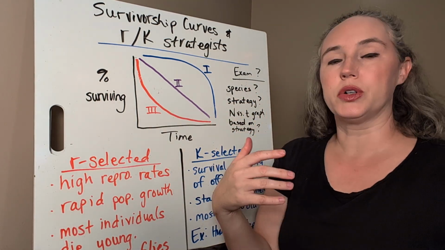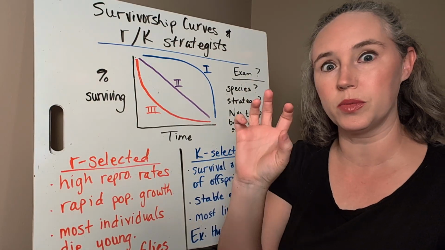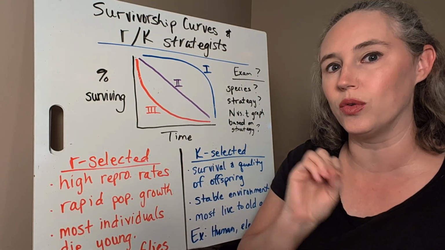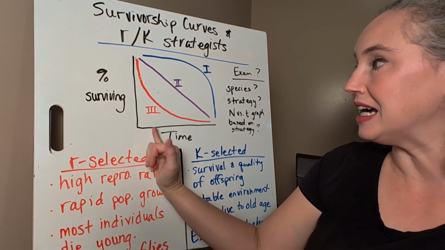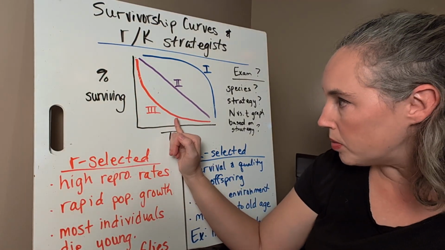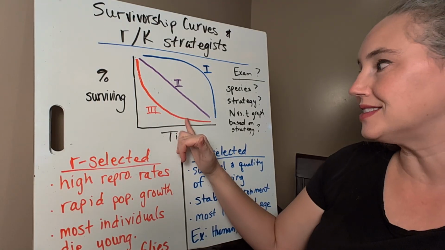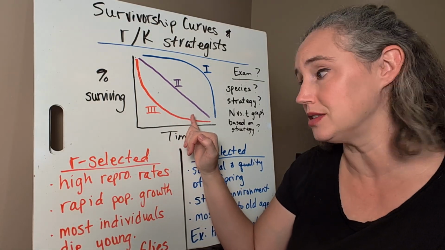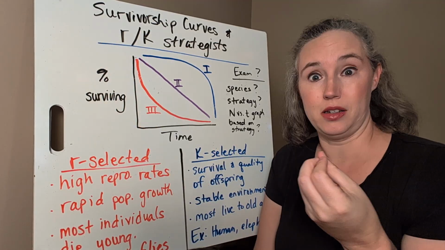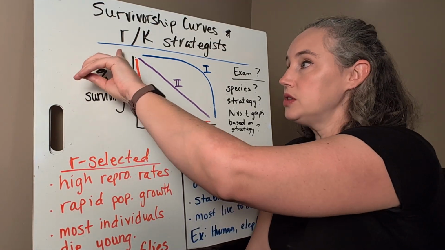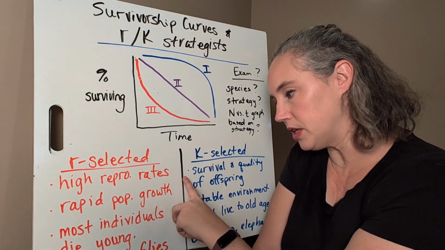This isn't population growth. This is more about how many of that organism that are born survive over time. So as you can see, early in time, there's a steep drop off. Like by halfway through this time, we're down to about 10% of our original population. But how many are born? A lot, right? So these are organisms that are going to have high reproductive rates.